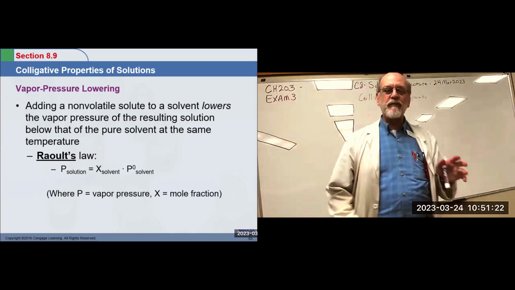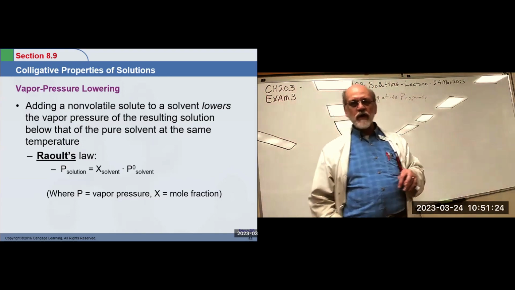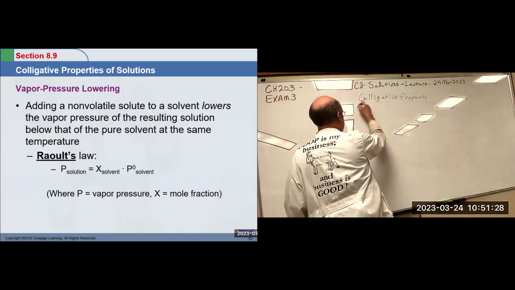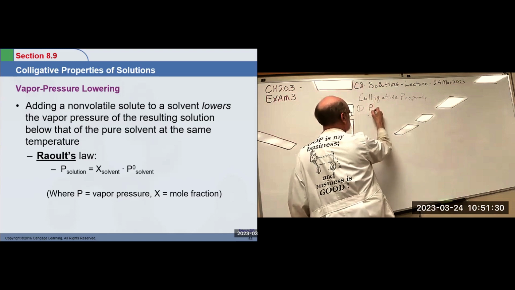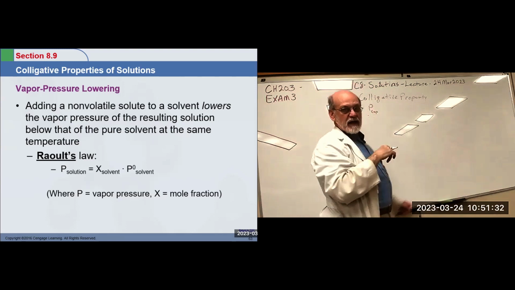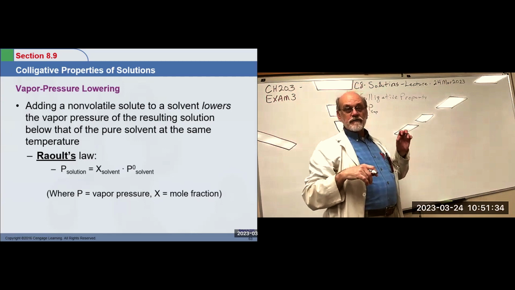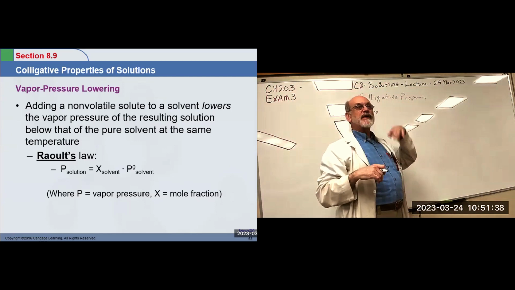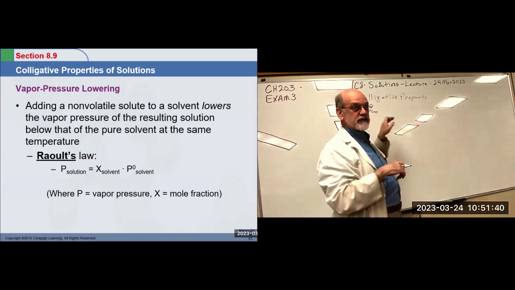Okay, vapor pressure change. This is Raoult's law. So vapor pressure is above the solution. Not of the solution, above the solution, in the headspace above the solution.